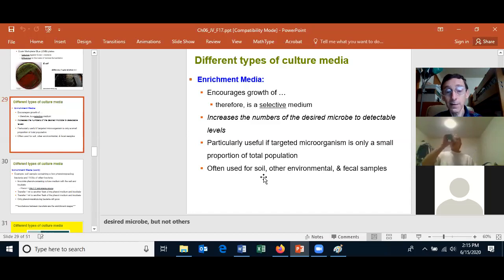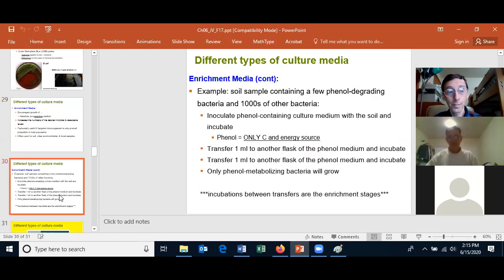It'll probably be in the soil at very low numbers compared to most other organisms, and so you need to grow it in an enrichment media. For example, if we were trying to get a phenol degrading bacteria from the soil, you would probably find it, but it would be in the soil at a very low number. And so streaking it out for colony isolation, you'd never find it.